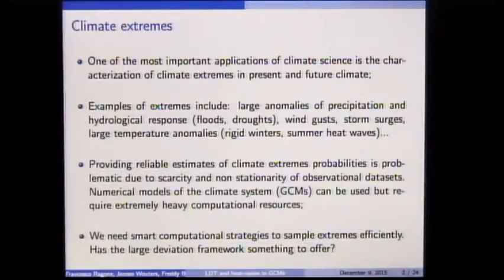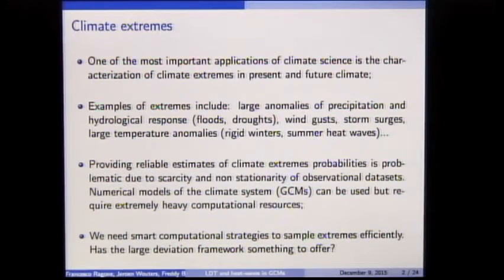In general, the problem that we have with these events is that they are extremely rare. So first of all, we don't have the data. We have reliable data from the 50s. The really reliable data, in particular on certain observables like precipitation, are from the 70s. Before that, we don't have them, or at least they are very bad, and we have to reconstruct them with the aid of numerical models.